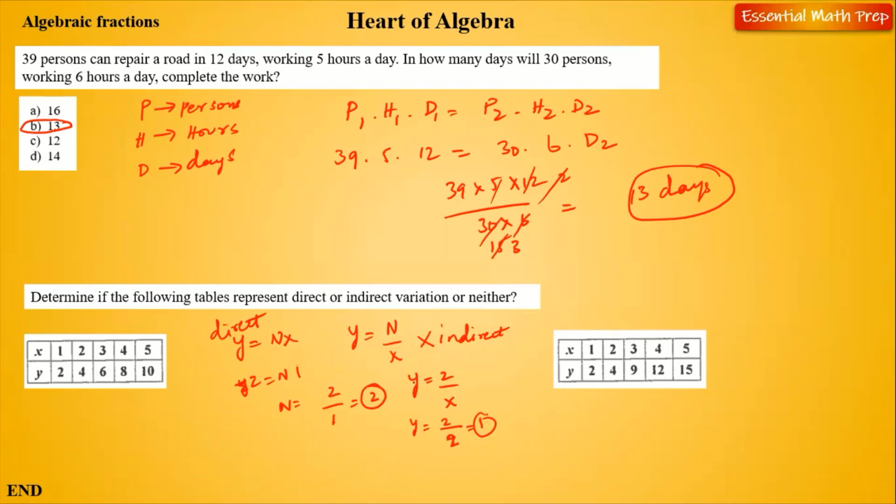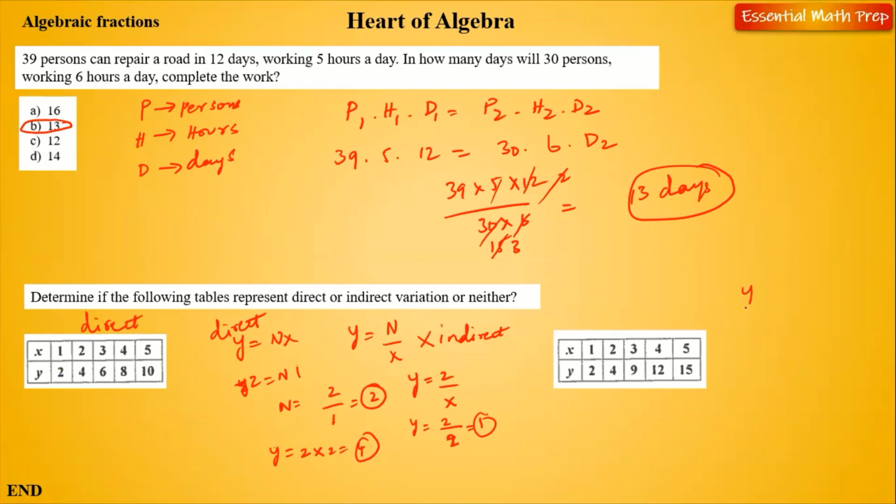We used this y equals nx format, which proved that this is not indirect, but it's direct. So if you take 2 times 2, that's 4. So this is the equation for direct, so that will be a direct variation.